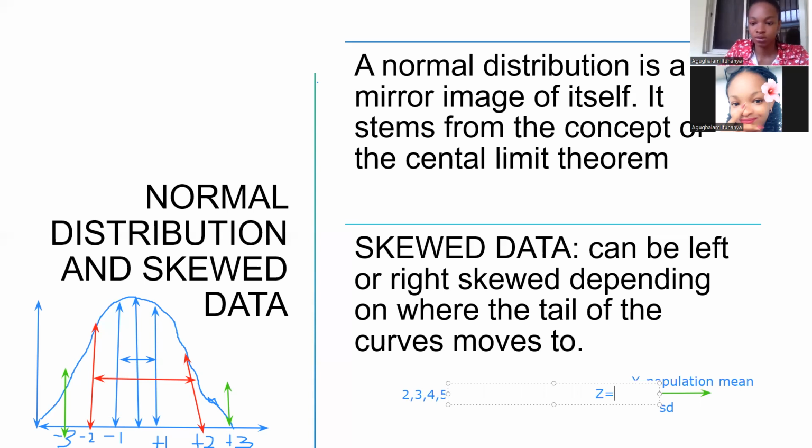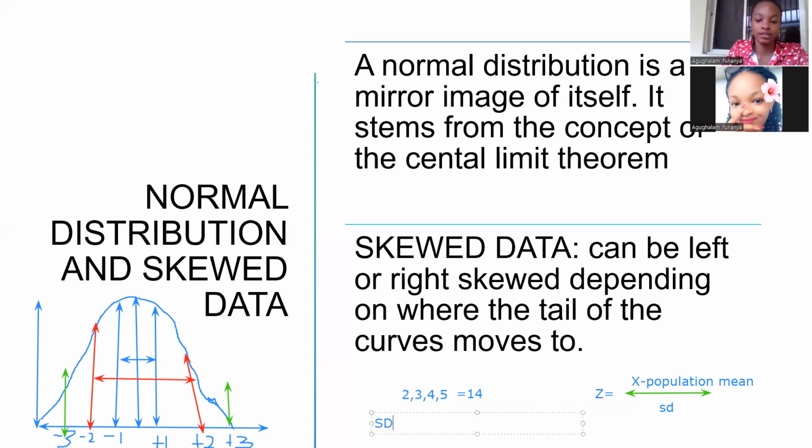So z is equal to the individual numbers minus the population mean, all over the standard deviation. So we are going to find the population mean: 2 plus 3 is 5, 5 plus 5 is 10, 10 plus 4 is 14. And then we'll find the standard deviation. When I did my calculations, the standard deviation was 9.4.